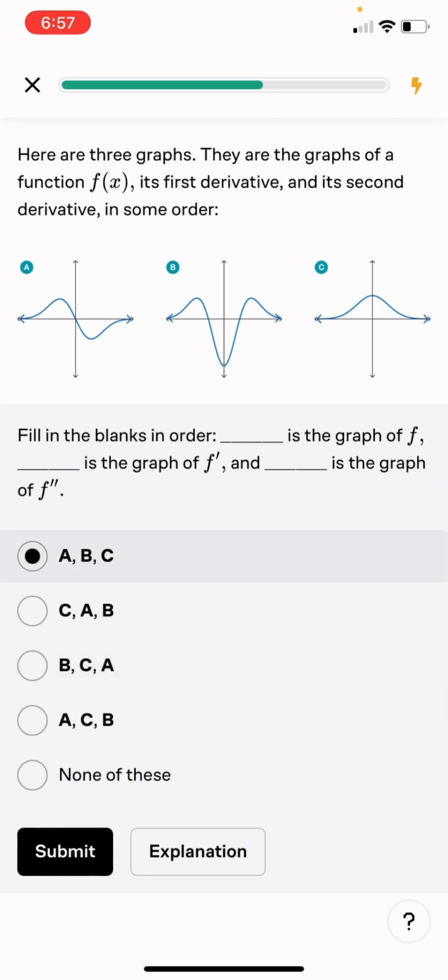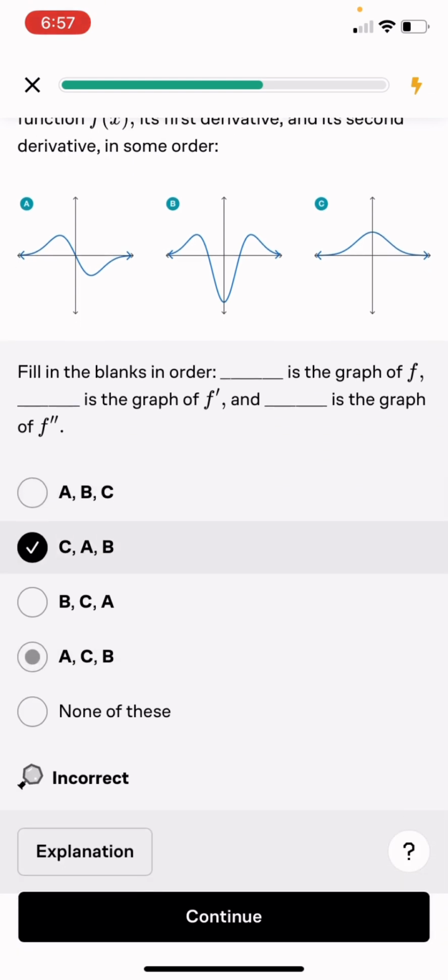So we go C and then A. I guess you could see that, like how C is just one little thing, and then continues to go up and then down, and then up and down and up.